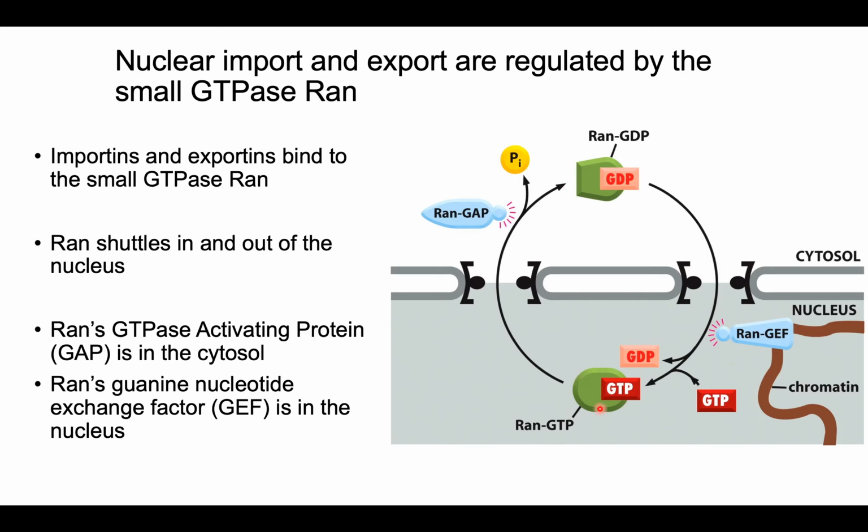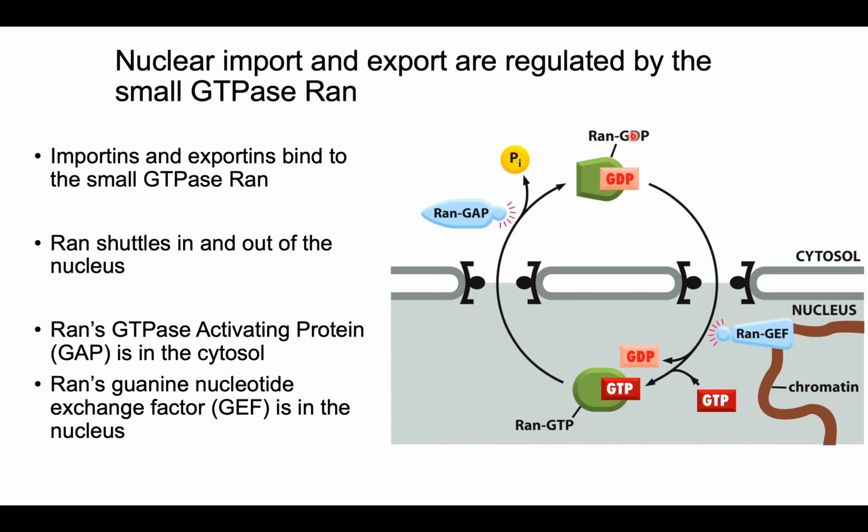This molecule can leave the nucleus. It's going to encounter this Ran GAP protein. So GAP stands for GTPase activating protein. So our Ran GTP leaves the nucleus, encounters this GAP, which takes off a phosphate. Now we've activated it.